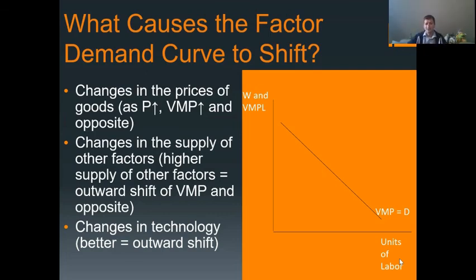This is how derived demand works. If you have an increase in the demand for a good, then you have an increase in the price of that good, or an increase in the price of the good increases the MRP, which shifts it to the right.